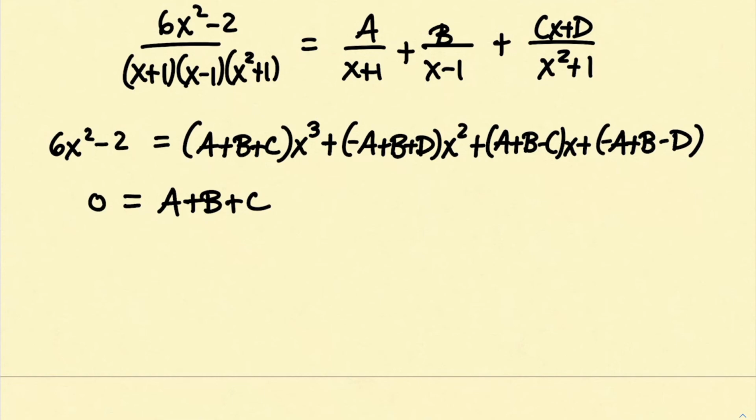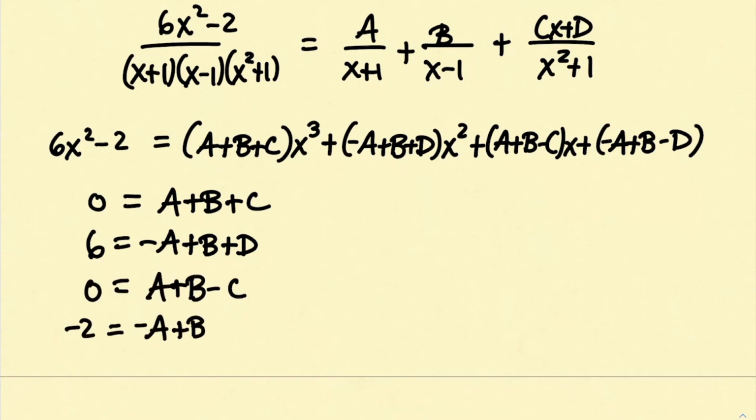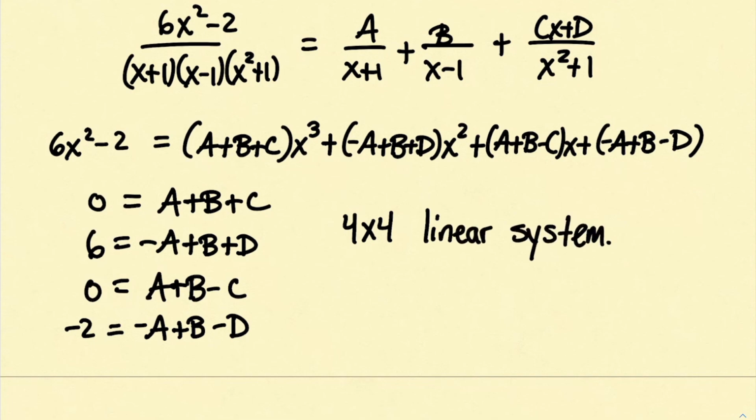Next, since the coefficient of x squared on the left is 6 and on the right is negative a plus b plus d, we get 6 equals negative a plus b plus d. Continuing in this way, we get a system of 4 equations in 4 unknowns. As long as we choose a solution to this system, then we can write down a, b, c, and d over here, and we can integrate our function.